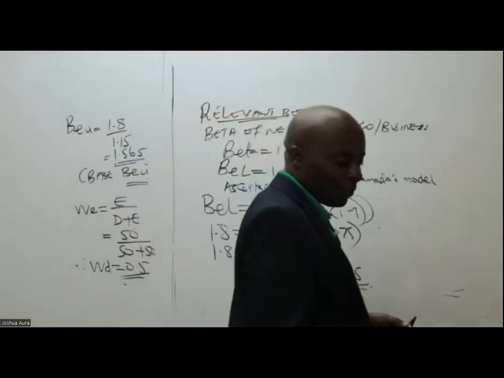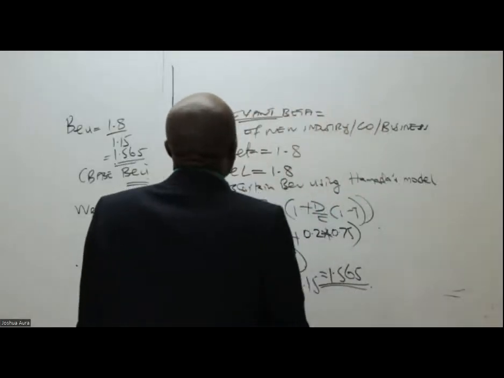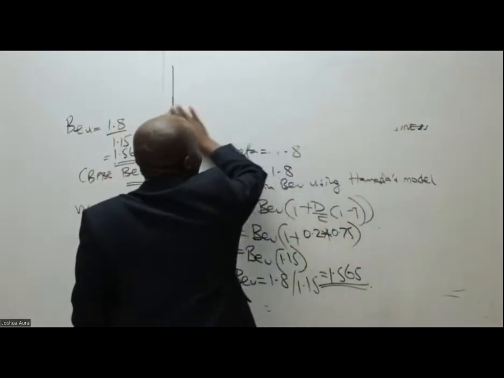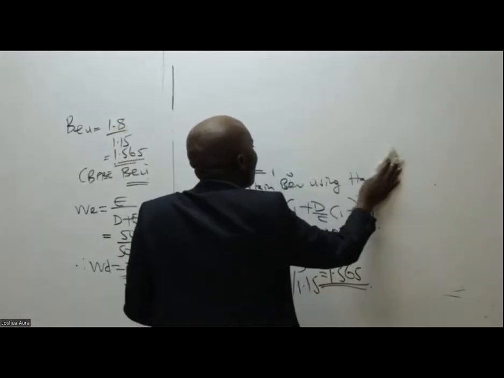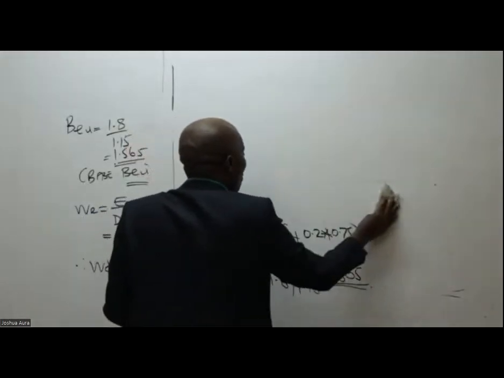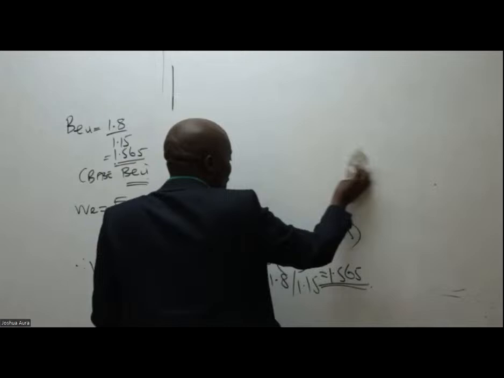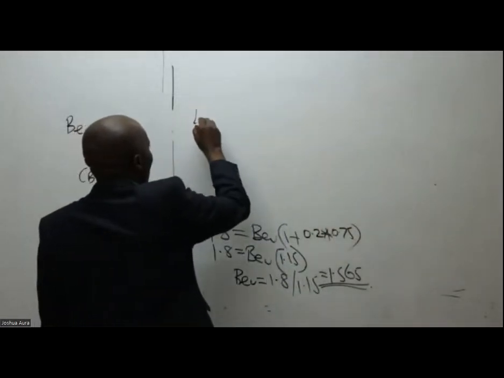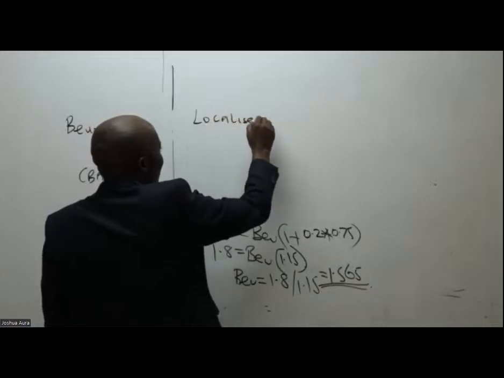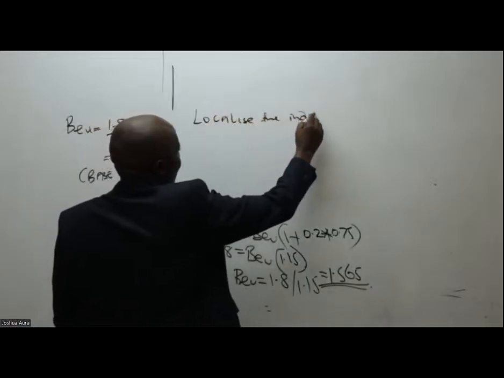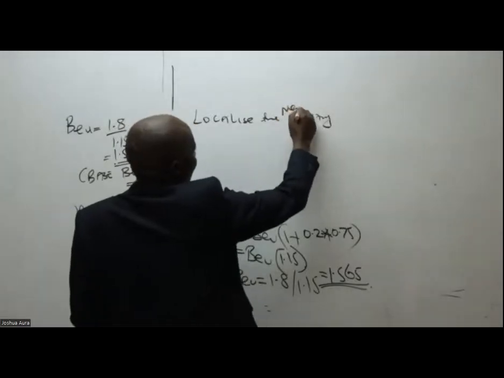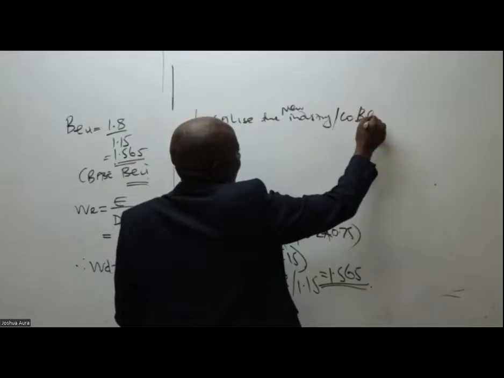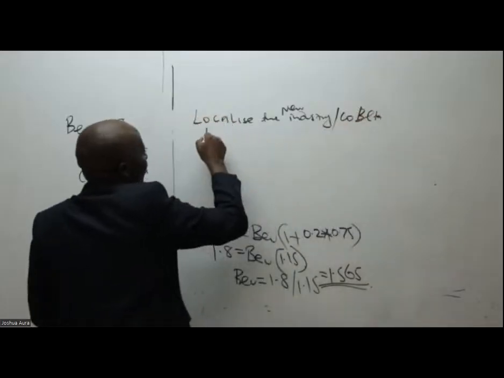Now, ladies and gentlemen, the next thing, using this base, you can call it base beta, using this, now I should be able to localize. So you localize the industry, the new industry, new company or new business beta to the firm.